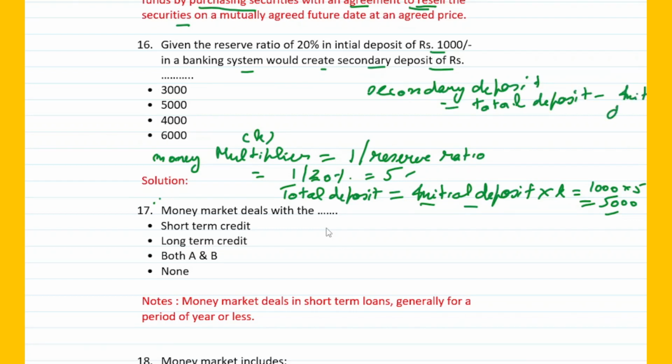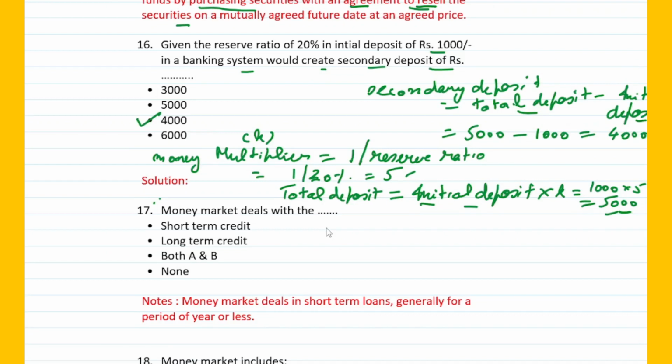Yes or no? Very logical, right? Whatever total deposit is there, if you just subtract the initial deposit from it, you will get a secondary deposit. What is the total deposit? 5000, which I have already calculated here, minus initial deposit already given in the question as 1000. Hence, secondary deposit becomes rupees 4000, and hence that's my correct answer, right?